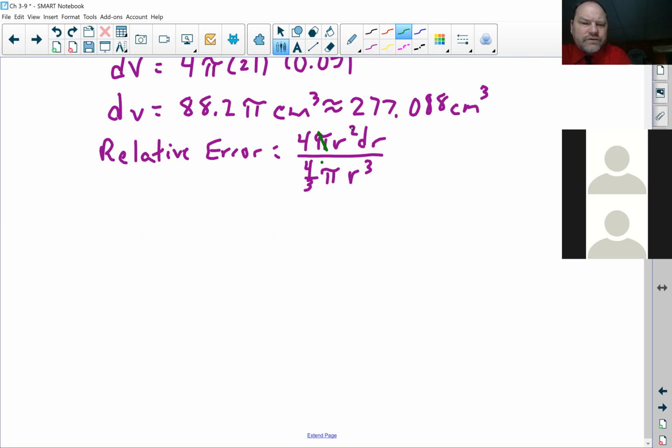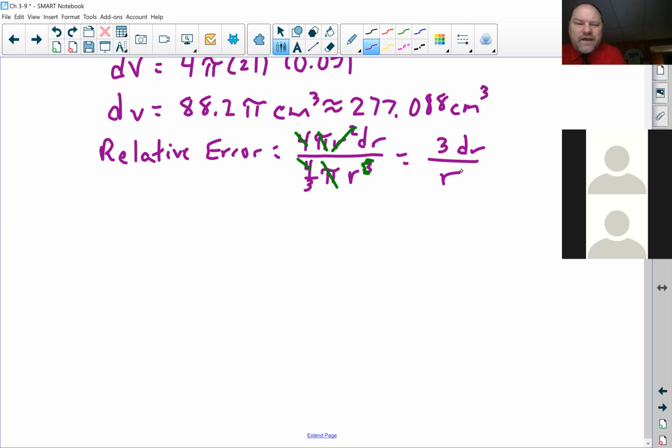Pi cancels. 2 of the factors of r cancel. And the 4's actually cancel. So what I have is dr in the numerator. I have 1/3 in the denominator. So I'm going to bring the 3 to the numerator over r.